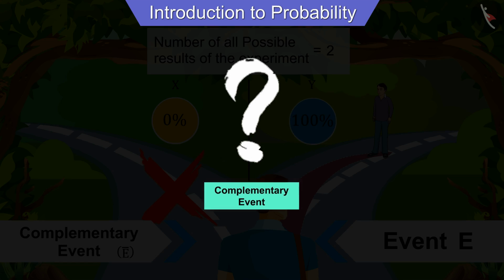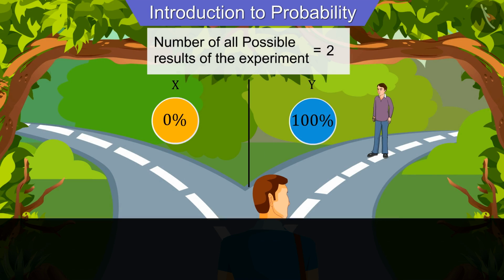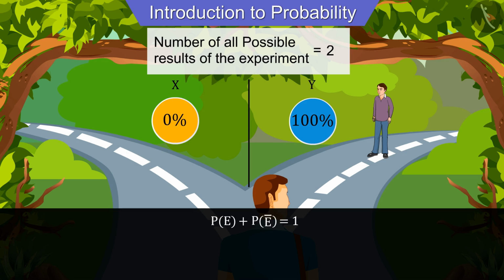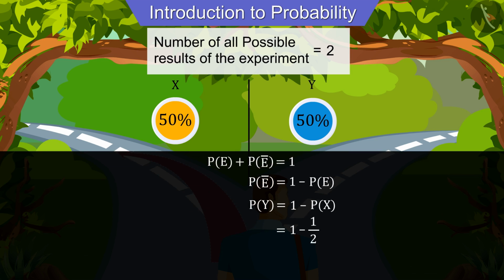Can you tell me how you can find the probability of a complementary event? We know that the total probability is 1, from which if we subtract the probability of the event occurring, then we get the probability of the complementary event. If we again look at the situation where the probability of choosing road X is 1 upon 2, then we can find the probability of choosing road Y, which is shown as follows.